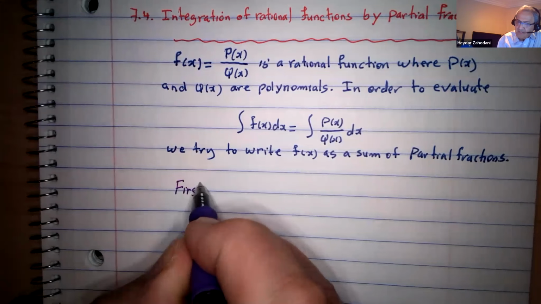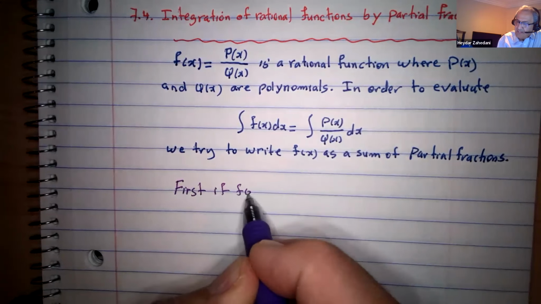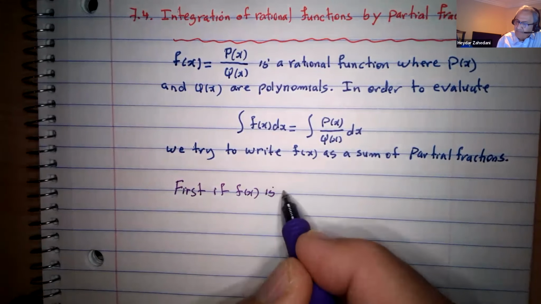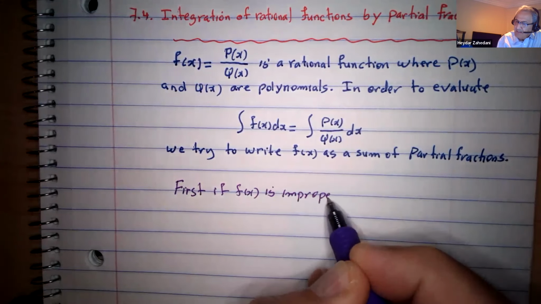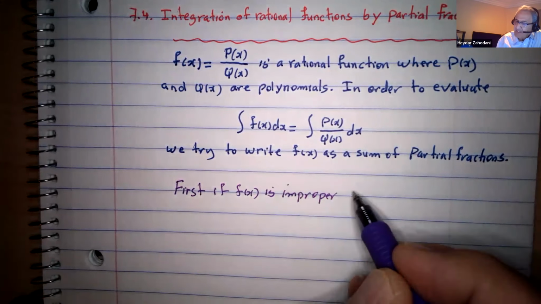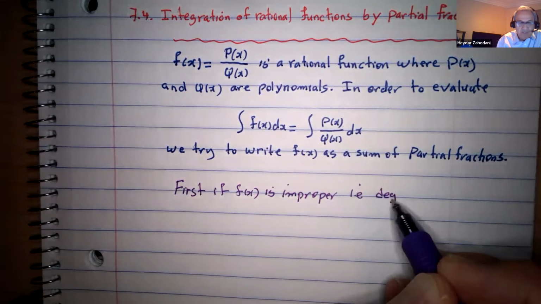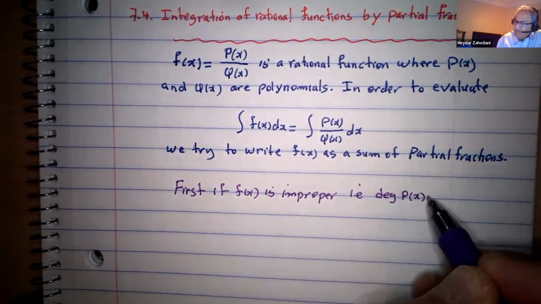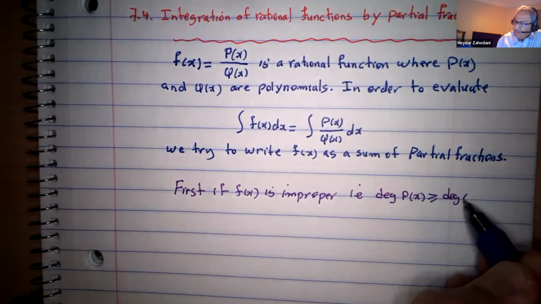First, if f of x, that rational function, is improper. Improper is like a fraction. Improper would mean, i.e., the degree of p of x is greater than or equal to the degree of q of x.